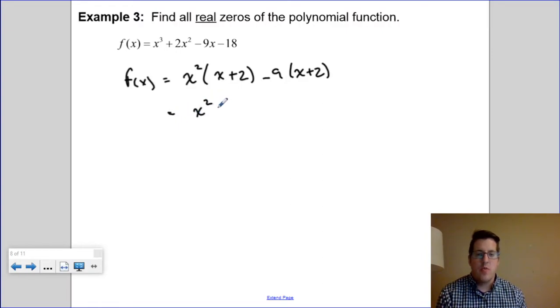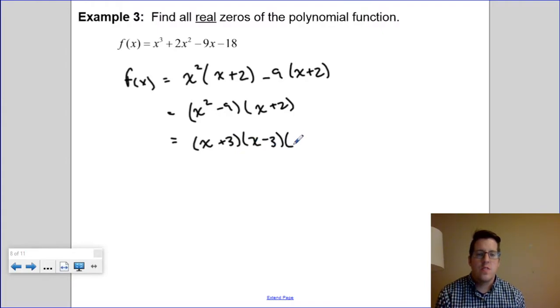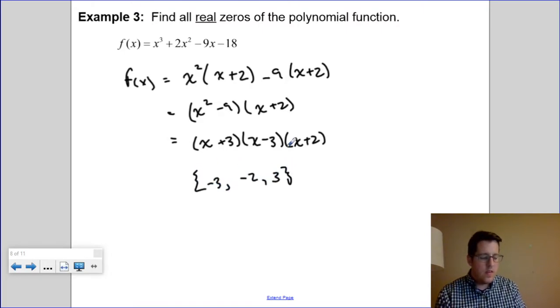So I can come up with a factorization of a linear and a quadratic, and I can completely factor that. No reason to do the rational zero test at all. My zeros are -3, -2, and +3. Easy peasy, as the kids say.